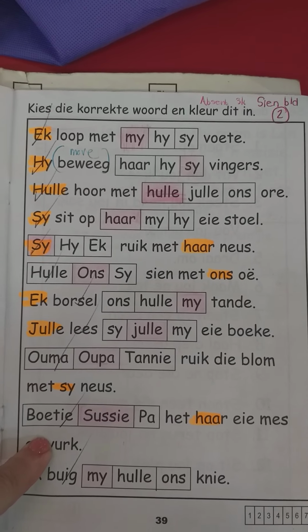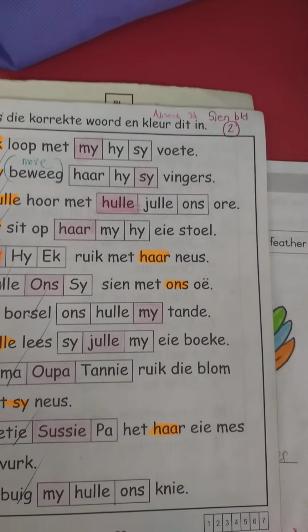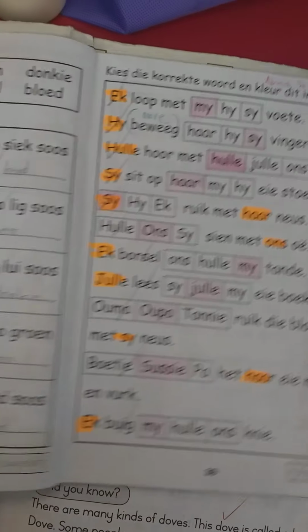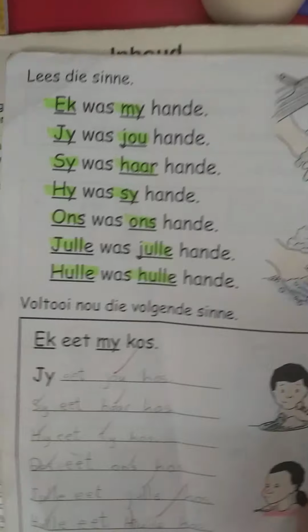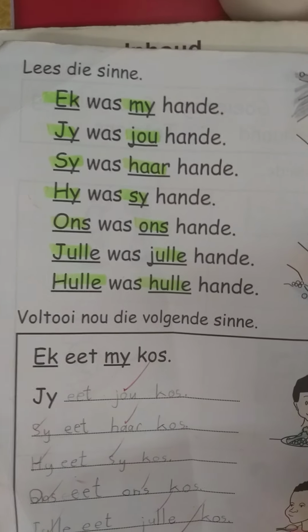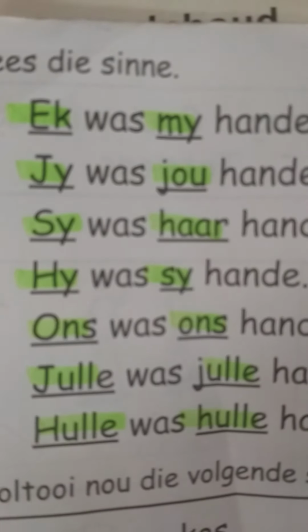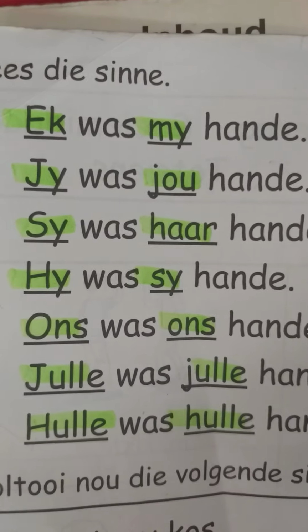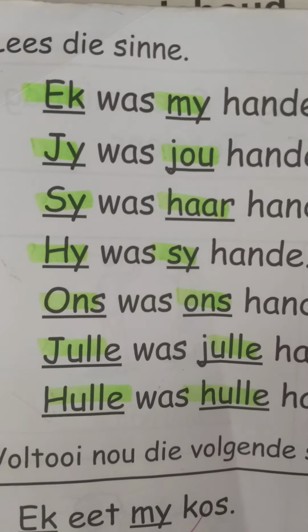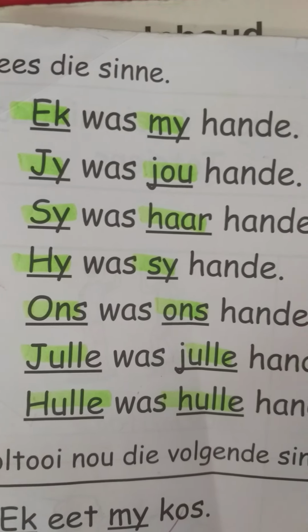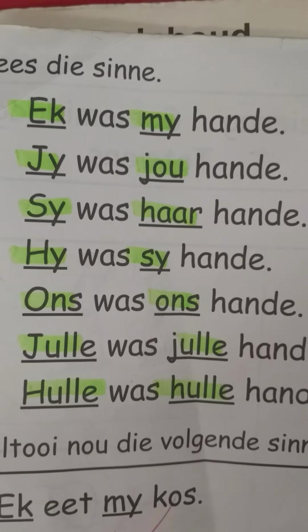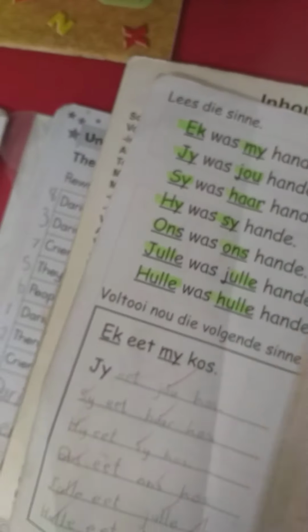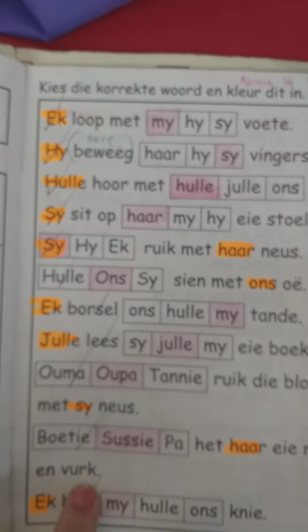If you page back to page 2, you can see examples of voornaamwoorde and how they match up. For example, ek and my go together, jy and jou, sy and haar, hy and sy, ons and ons, julle and julle, hulle and hulle. If you refer back to page 2, it might help you quite a bit for this exercise.